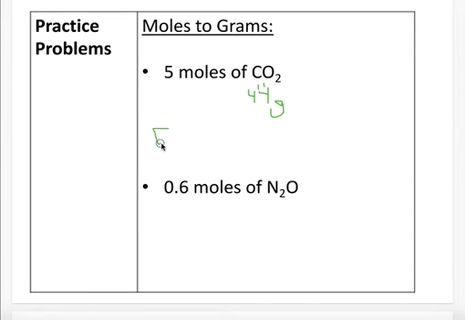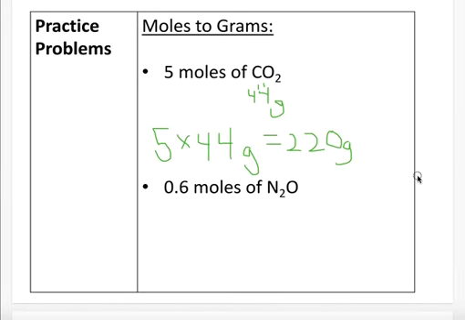So I'm going to do 5 times 44 grams. That's going to tell me the total number of grams I'm going to need. Now, if I do that on the calculator and I type in 5 times 44, I should get 220. So 220 grams is how much carbon dioxide I'm going to need to do that experiment.